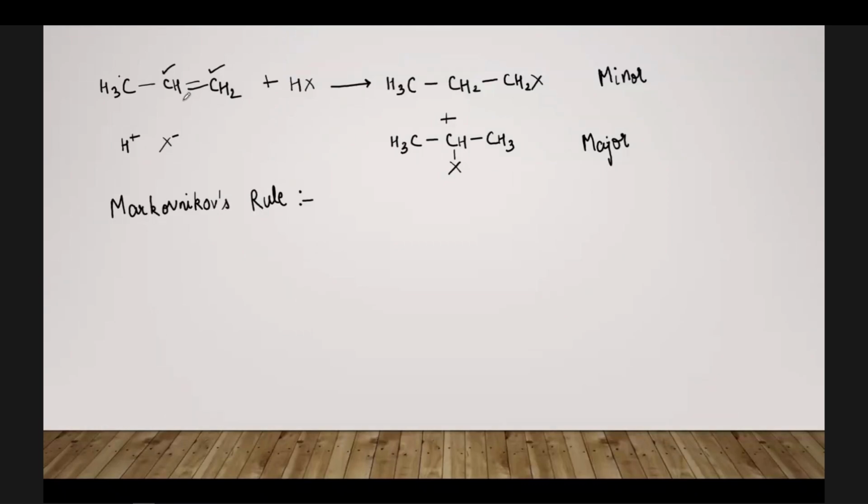So in simple terms, this rule says that the hydrogen attaches itself to the carbon having more number of hydrogen atoms, and the halide group will get attached to the carbon with more alkyl groups.